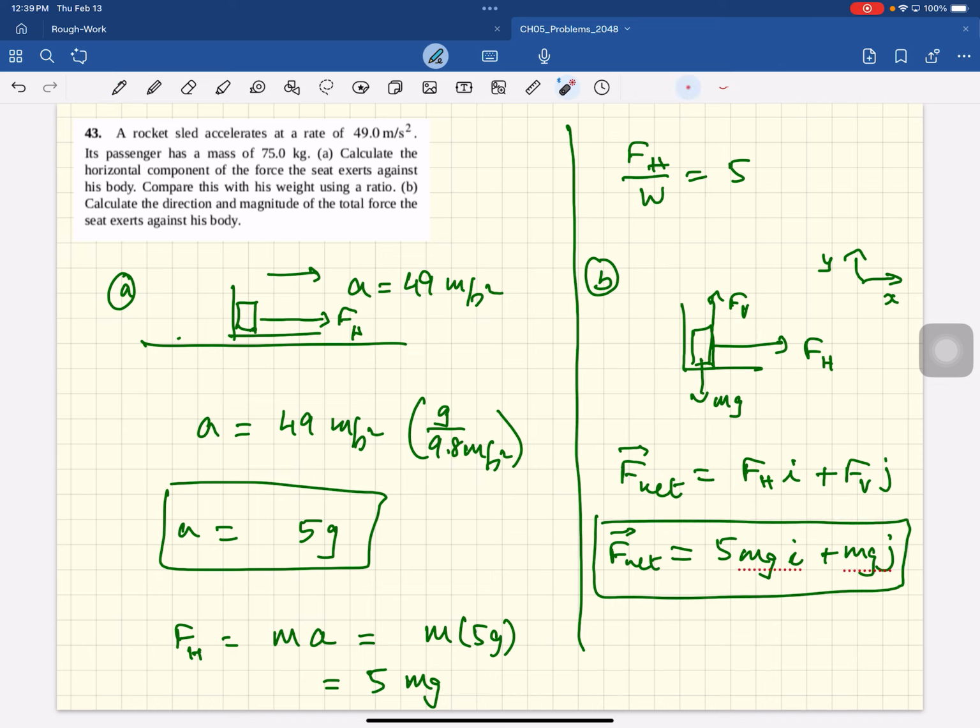So that's the force that the seat exerts on him. And now what we want to do is calculate the magnitude and the direction of the force.